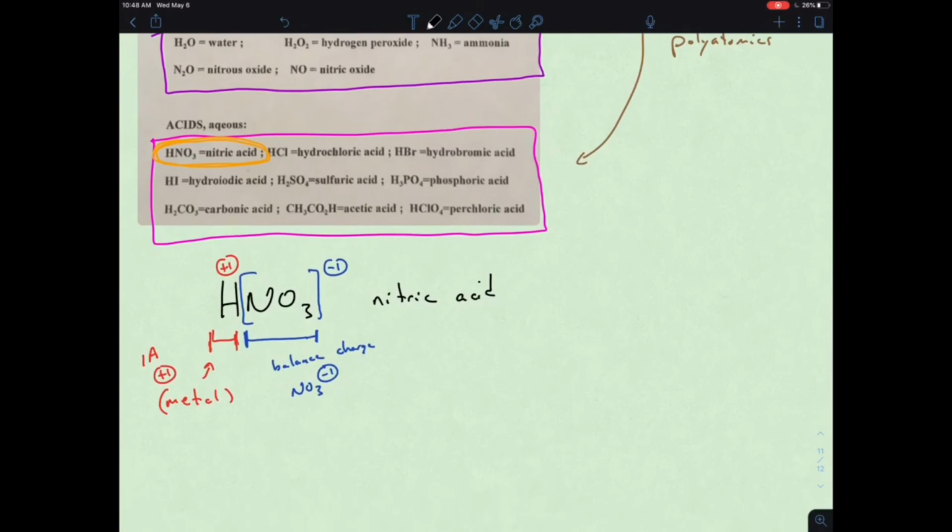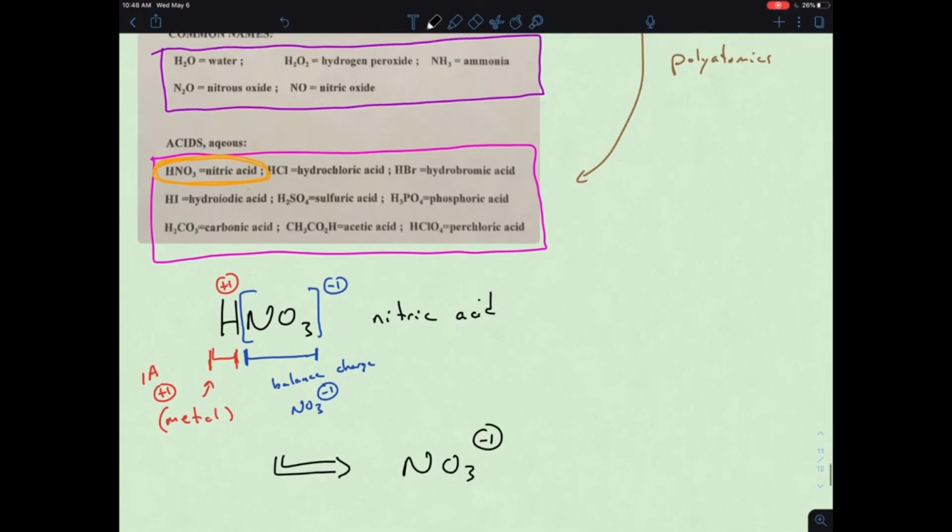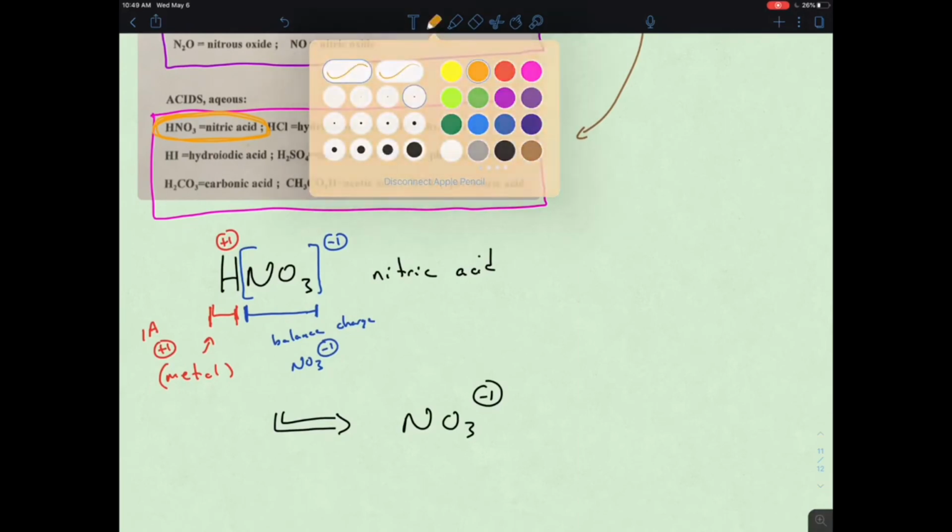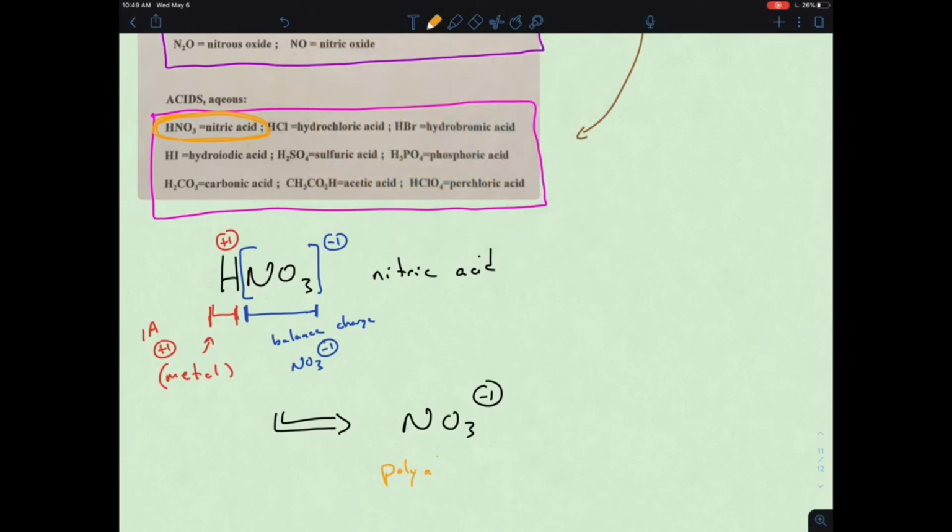if I go forward, I now know I have something that looks like this. I'm just leaving out the metal portion of the thing, because that's actually leading me to the polyatomic. I know this NO3 must be a -1 charge because in the nitric acid molecule HNO3, the hydrogen's +1, and that's where that -1 charge comes from.